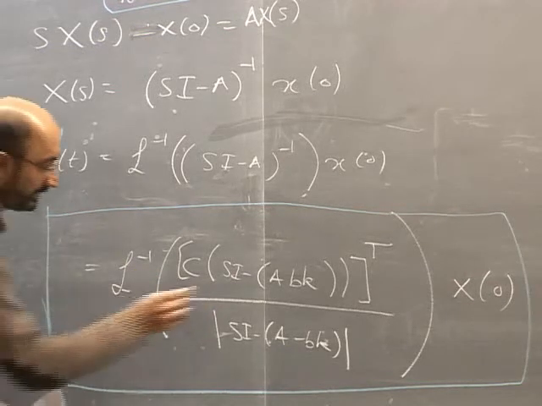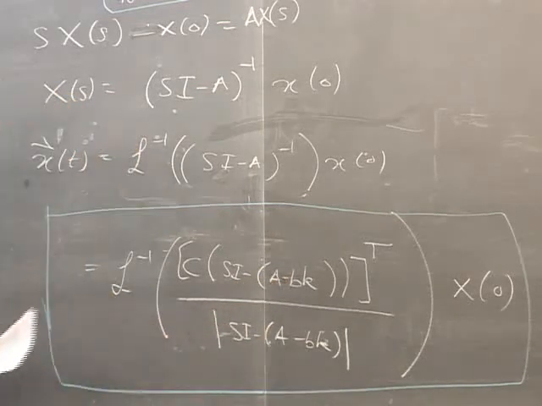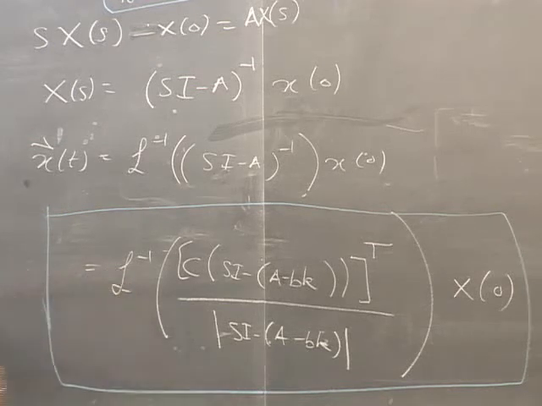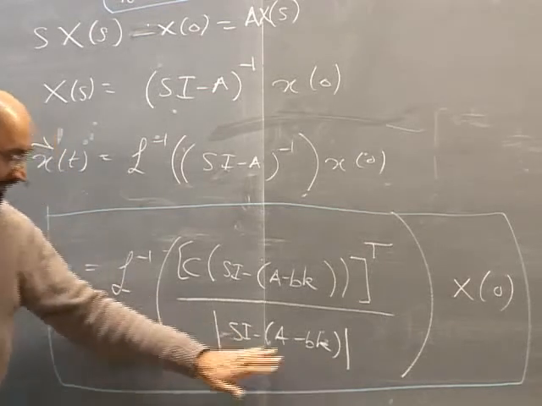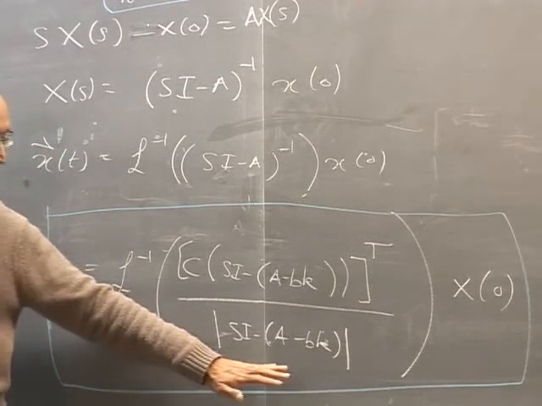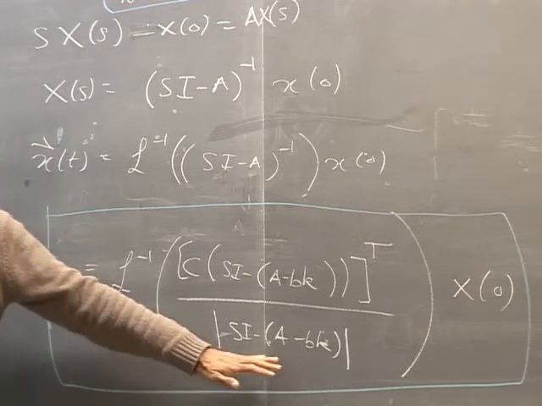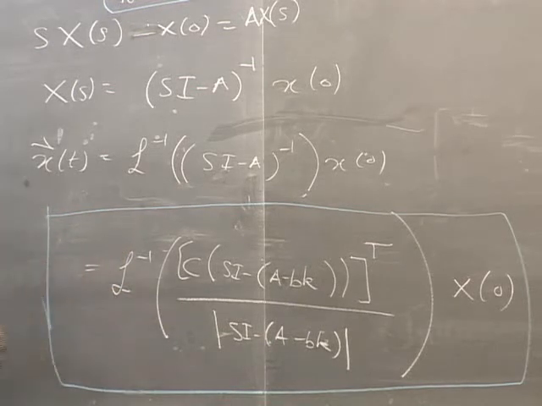If you take the inverse Laplace, it is going to be determined by the roots of this equation, the determinant of sI minus A minus Bk. So this determinant controls what's going to happen to the system, whether it is going to be stable or not.